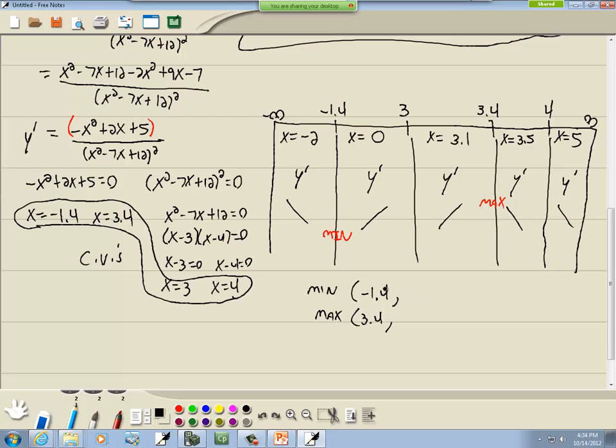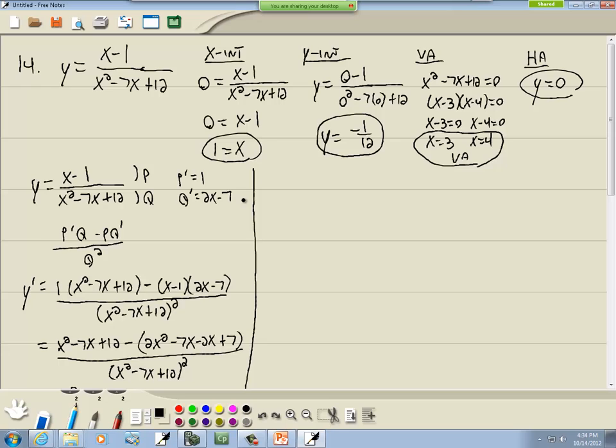Well, what's the y value going to be? Well, let's plug it back into our original function. So let me scroll up here. Here's our original function. And I'm going to be lazy. I'm going to let the calculator do it for me. Again, I'm going to put the parentheses on top, parentheses on the bottom, and I'll plug them in.